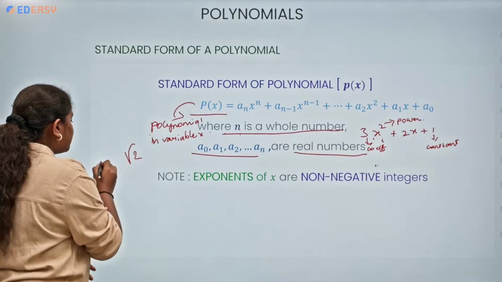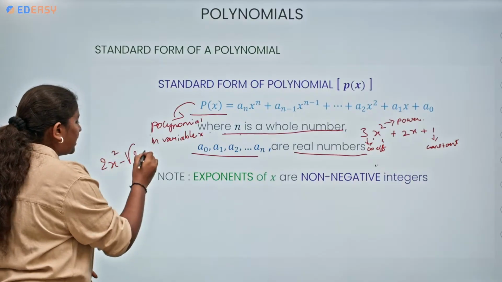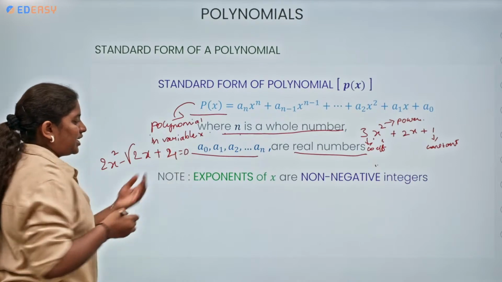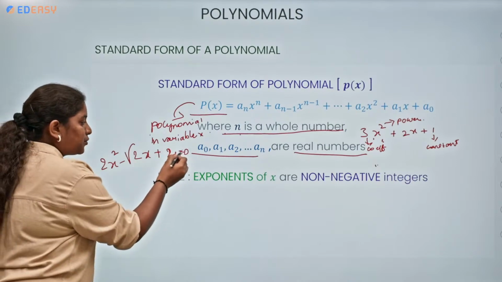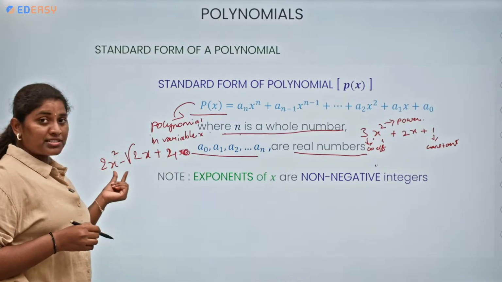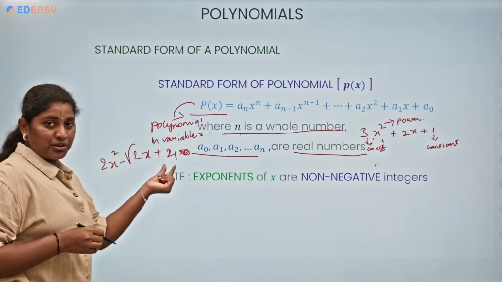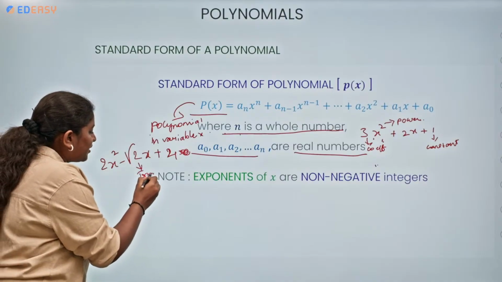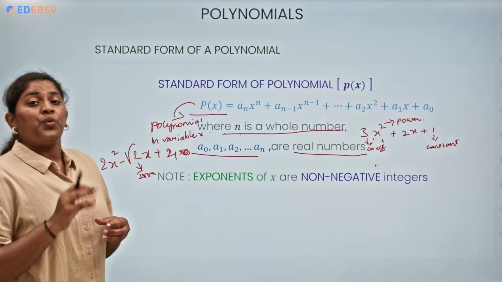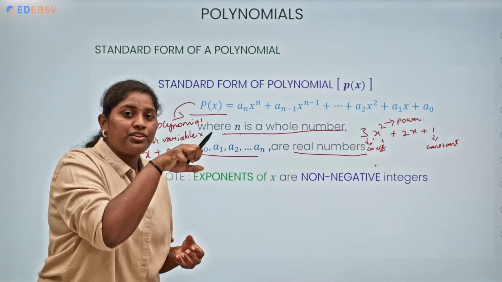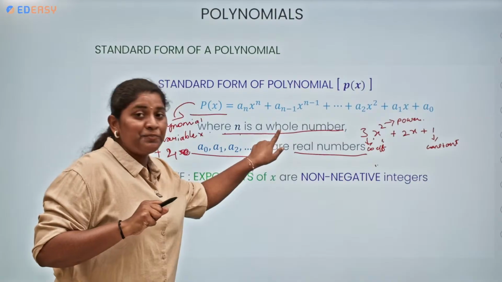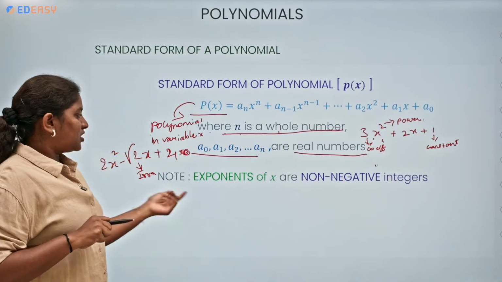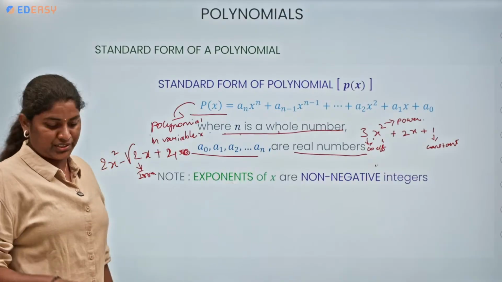Sometimes you will have 2x square minus root 2 x plus 4 equals 0. This is an equation, but if you don't consider 0, it becomes 2x square minus root 2 x plus 4. Now the coefficient is an irrational number, right? For that reason the power of the variable must be a whole number, and the coefficients can be any real numbers. So simply, exponents are non-negative integers.